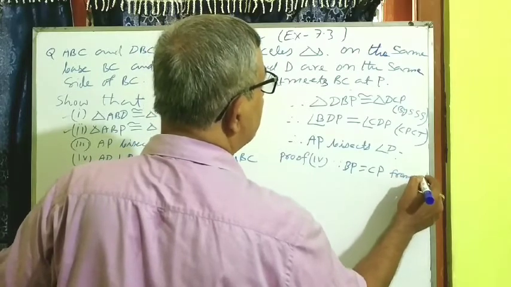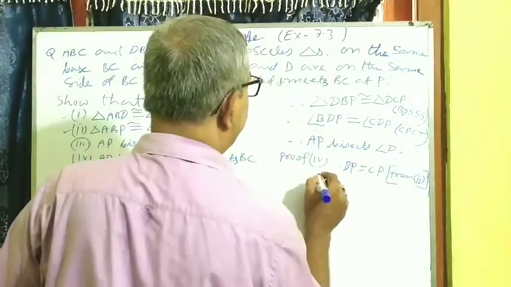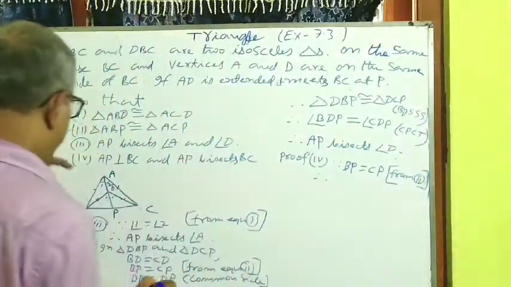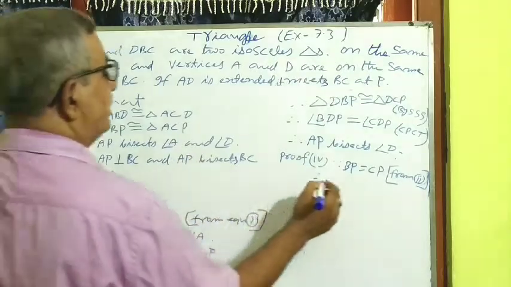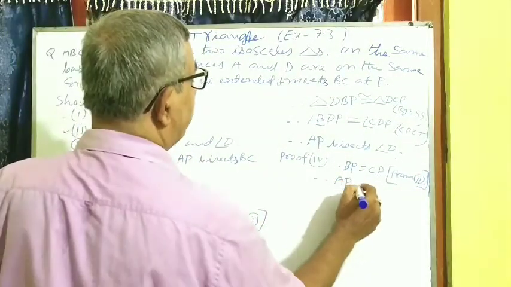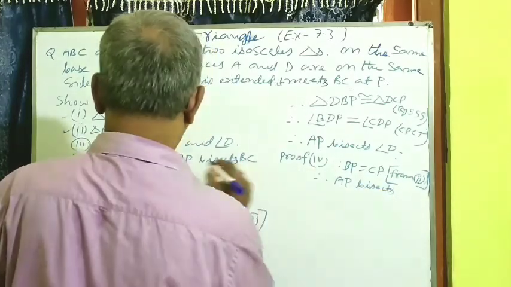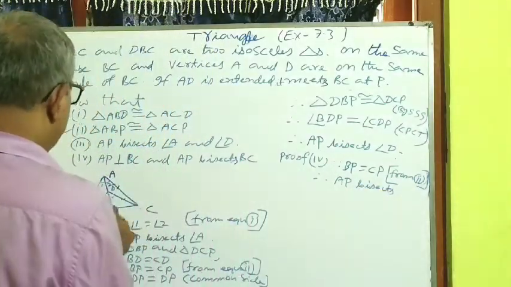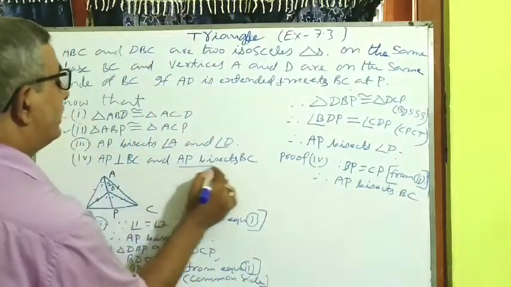From equation 2. Therefore, AP bisects BC. So this part you have done.